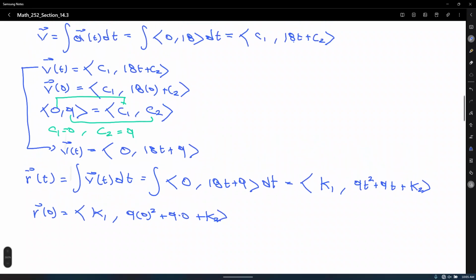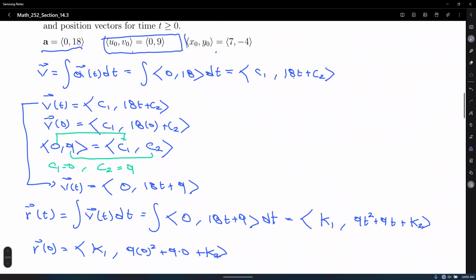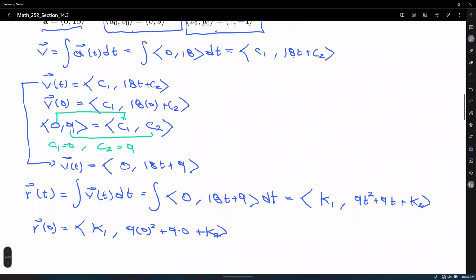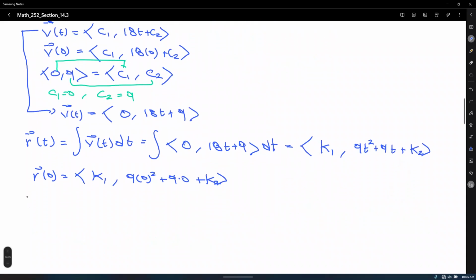And r of 0, what is that equal to? In this case, it's equal to the initial position vector. That is 7, negative 4. That is k1. This is all 0 plus, and this is simply k2.